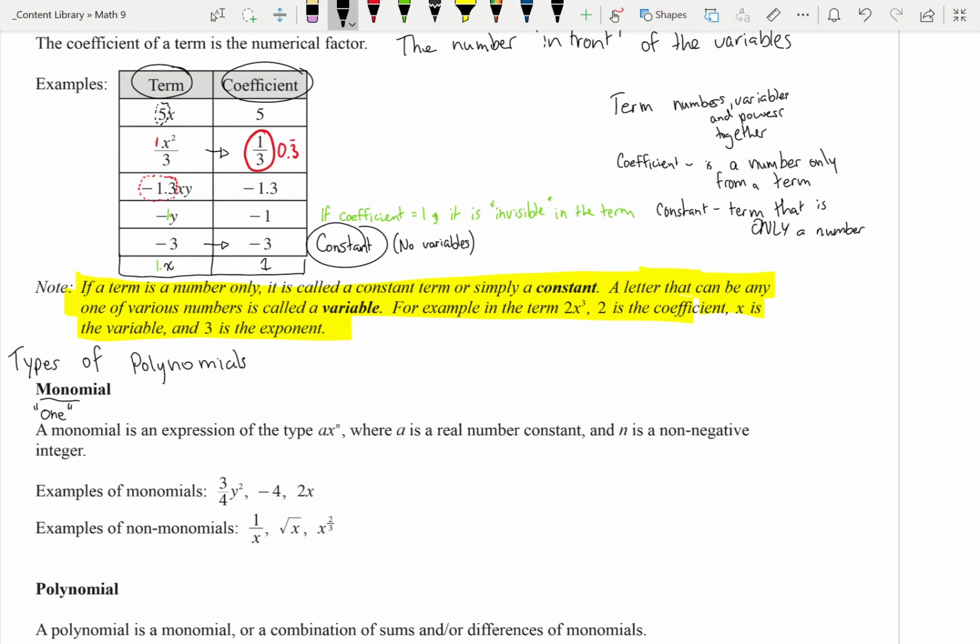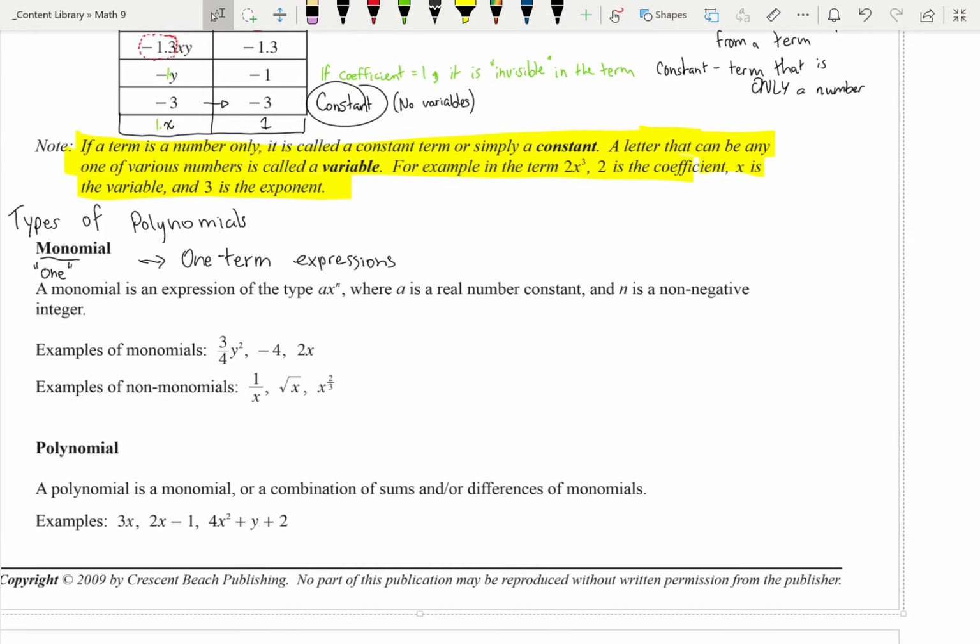Either way, it means one. So a monomial is an expression of the type a times x to the power n, where a is a real number constant and n is a non-negative integer. An easier way to think of these is that they are one-term expressions.